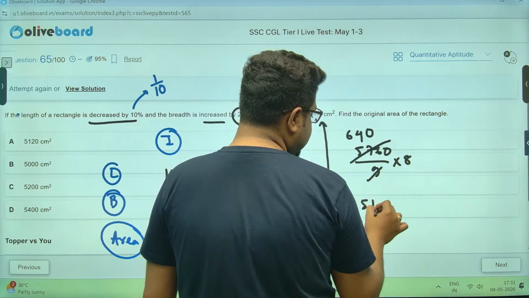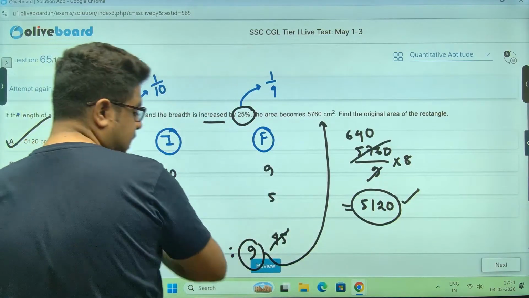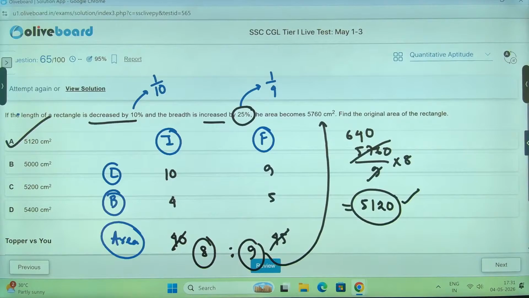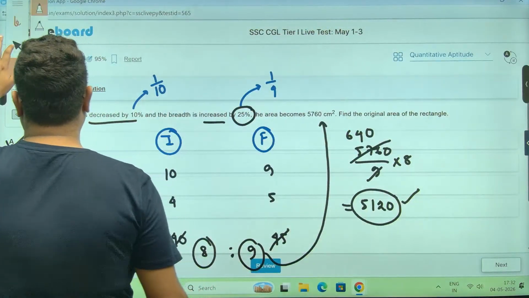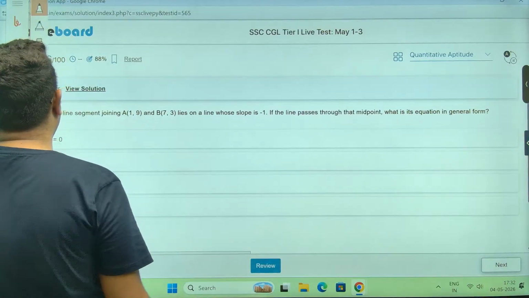So 8 cube is 5120. Option number A, sir. Again, you see, nothing is there that can give you a little trouble. Very simple, sir. Moving on. Next one, please.